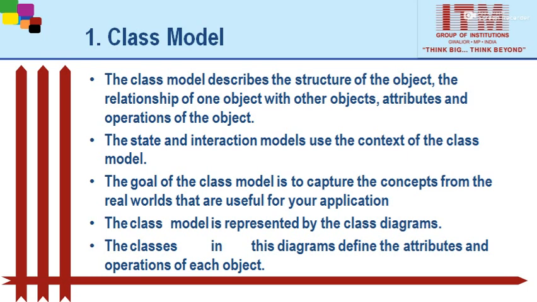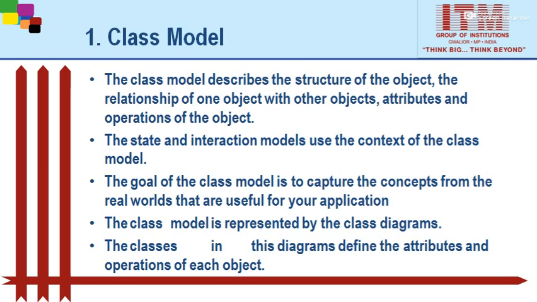Then we can combine the common properties of all objects into one place, which is called a class. In a class we define attributes related to the objects, functions, or you can say operations, and relationships between various objects of the same class or different classes.